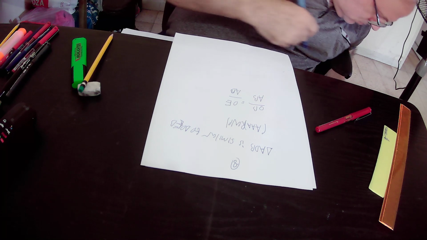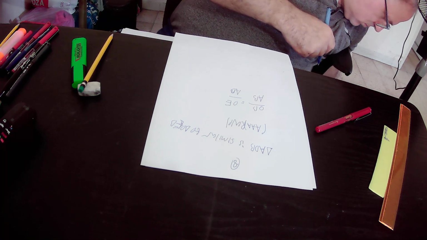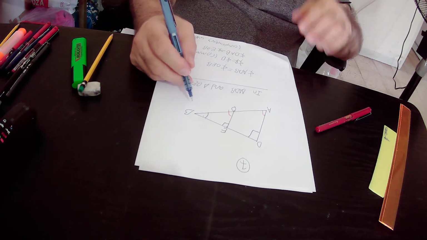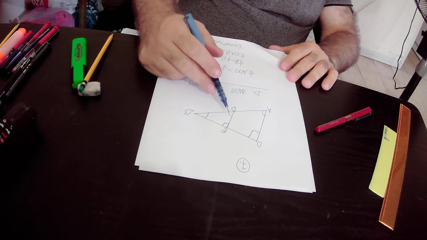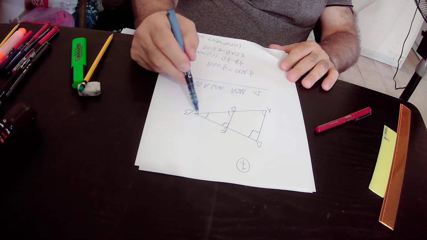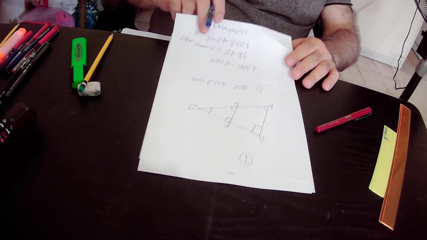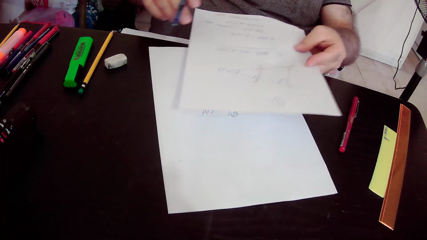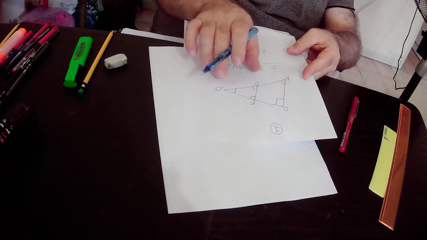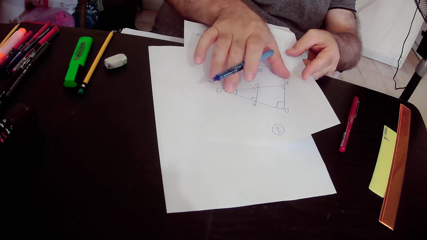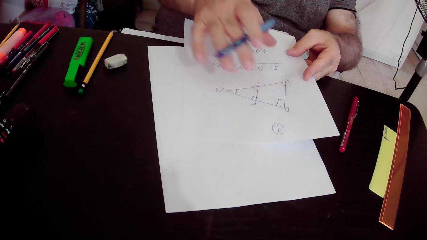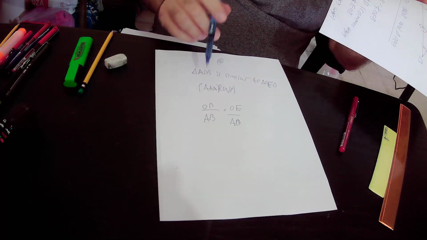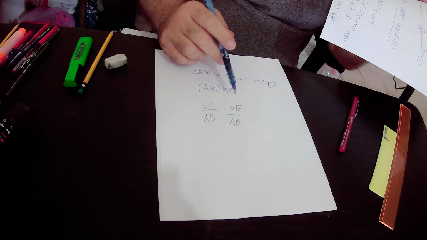Again, because the big triangle ABD is similar to the small triangle OEB, OB over AB equals OE over AD.